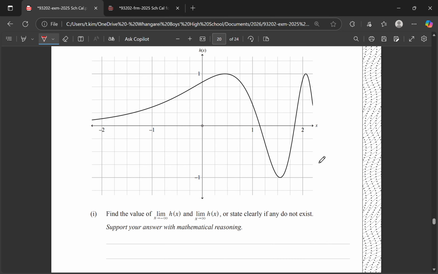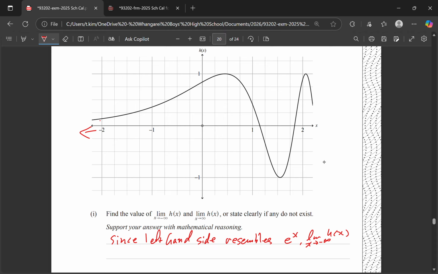All right. Let's start with when x approaches minus infinity. As you see, the left-hand side resembles e to the power of x, so I'm going to write it down. Since the left-hand side resembles e to the power of x, an exponential graph, the limit as x approaches negative infinity of h of x must be what?